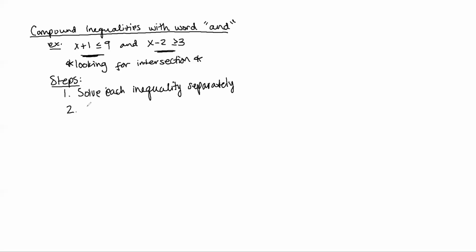And then second, we're going to graph on number lines. You can graph them on 2 number lines or 1. I'm going to show you both ways. But the important thing here is that the scale of your number lines has to line up, so make sure the number lines line up.